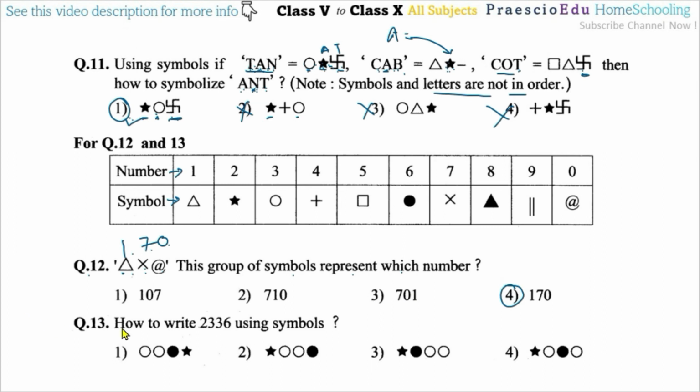Then question number 13: how to write 2336 using the symbols? Solid star, or shaded star, then 33 means two times this one, and at the last, 6 means this one. So option number 2 is the correct one.